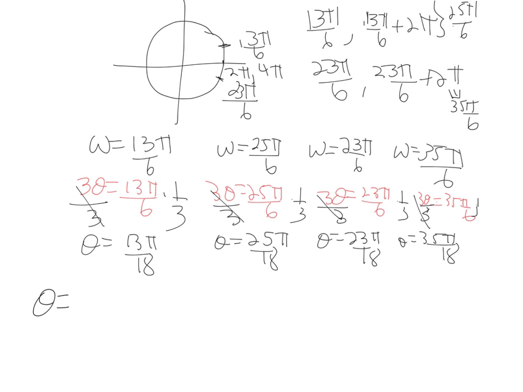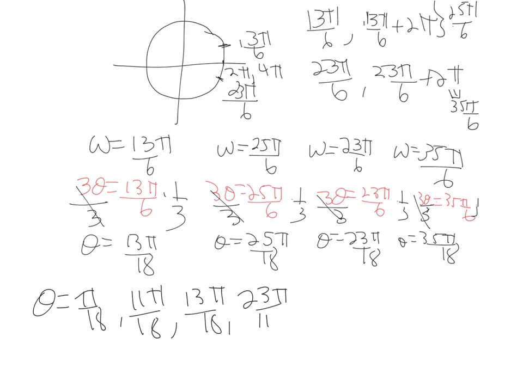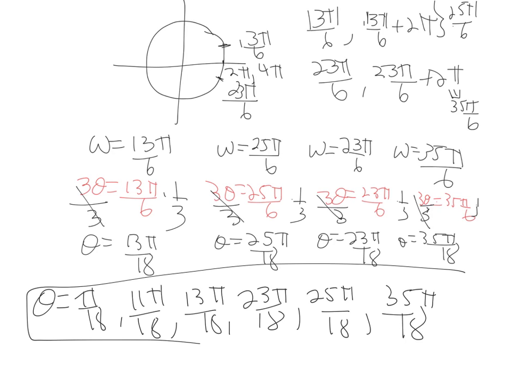So in order, I've got now pi over 18, pi... And there we go. And then you can carry that forward to 4 theta and 5 theta. It starts to be a lot of computations, but that's how it works.